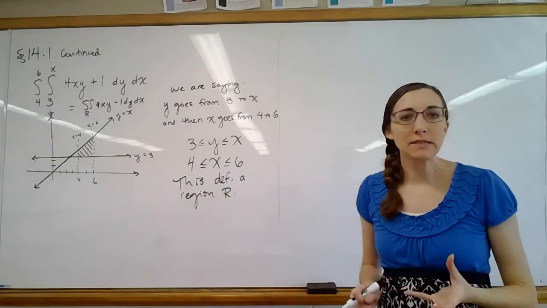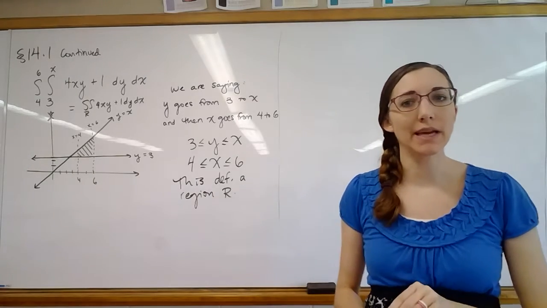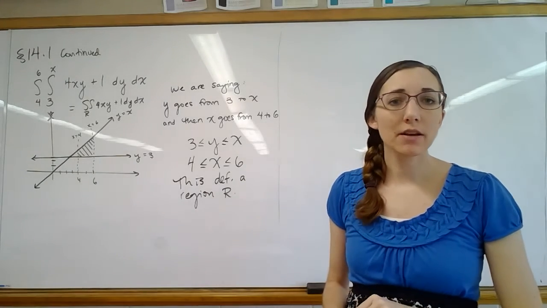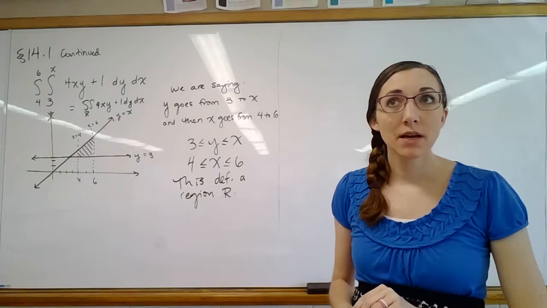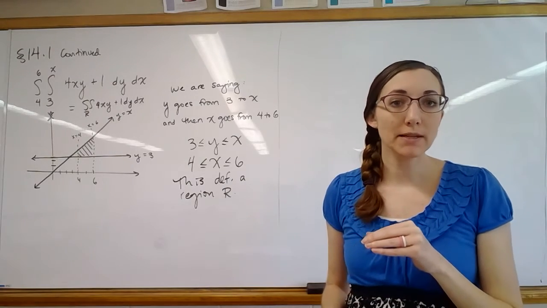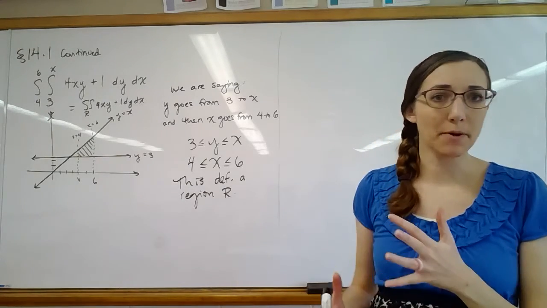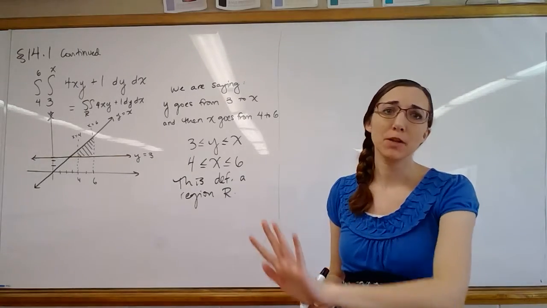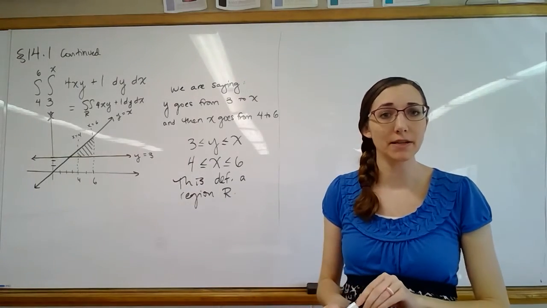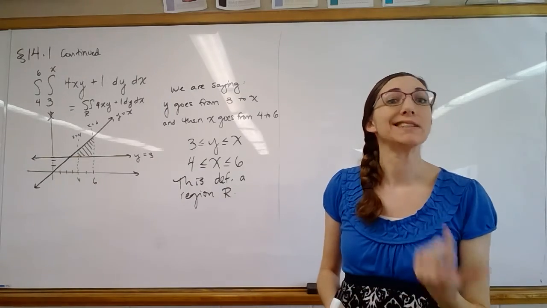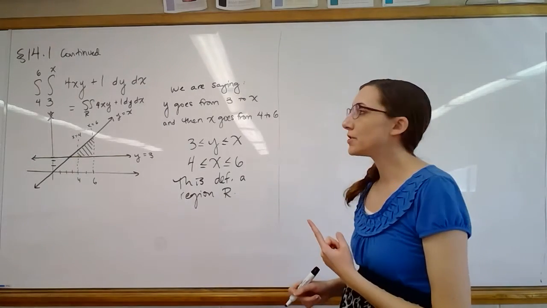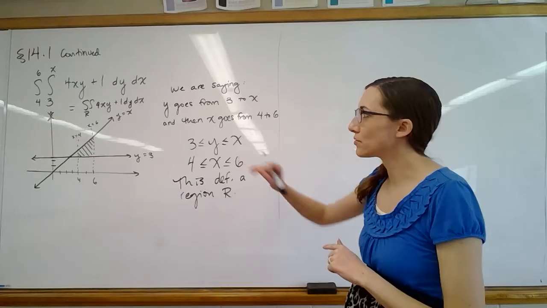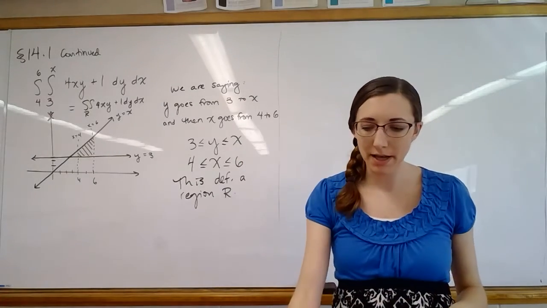One of the cool applications of this is that we can use it to find areas of two-dimensional space, the same way that we did last time. Back in Calc 2, we found areas between curves using a single integral, where we had to take a look at those two functions and subtract them.